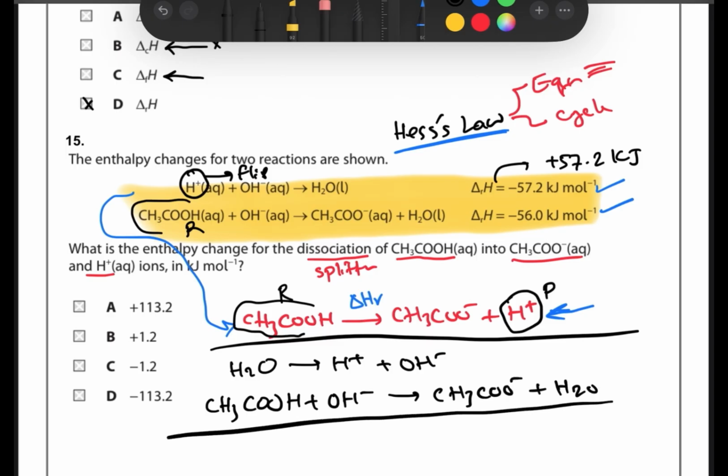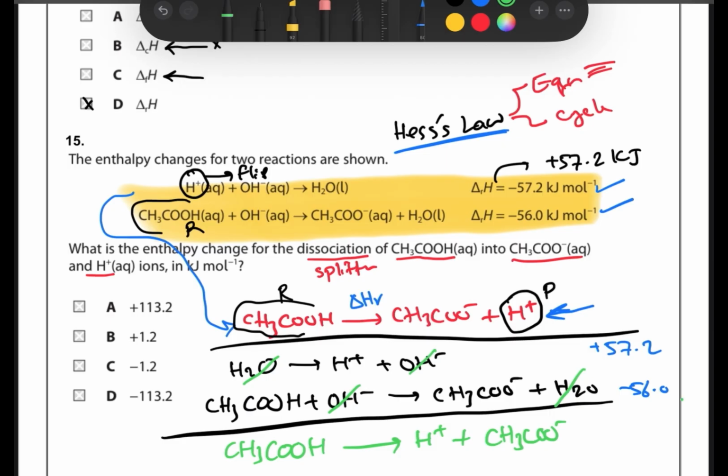If we add the two equations together with their values, plus 57.2, we can cancel out the water. We don't need it. And we also cancel the OH minus for sure. So the remaining equation is CH3COOH gives you H plus and CH3COO minus. If you add the two values together, you'll end up with positive 1.2, and the answer is B.